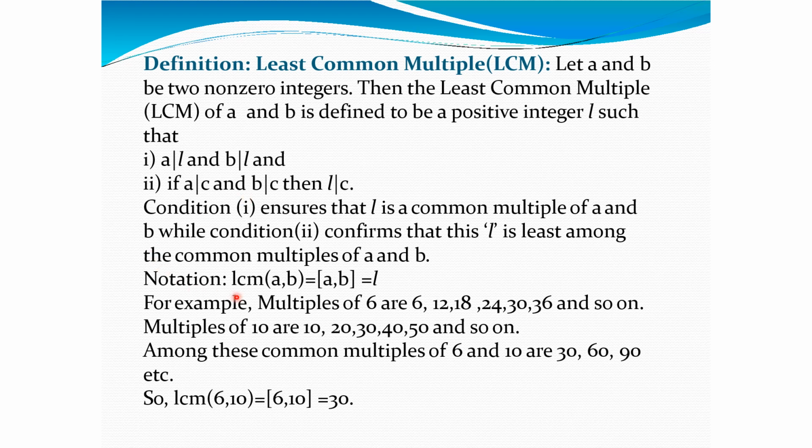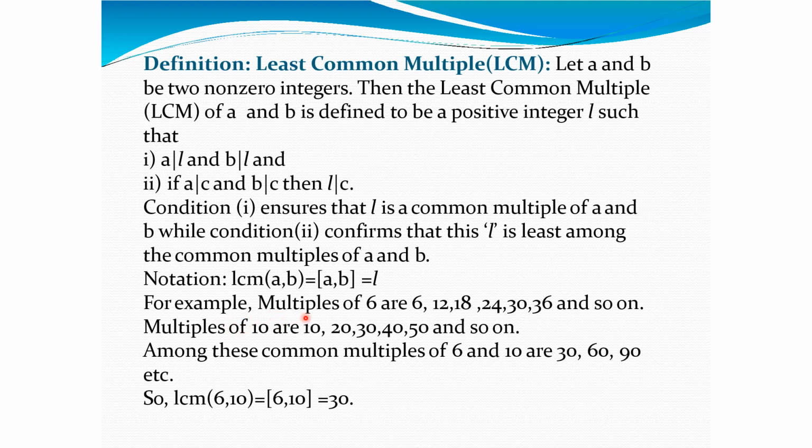Now see what is the notation of LCM of a, b. Either we can write LCM in round brackets a comma b, or we can use square brackets a comma b as the notation of LCM of a and b. Now see one example to clear the definition of LCM. Here we find LCM of 6 and 10. It is least among all the common multiples. First find multiples of 6 and 10 separately.